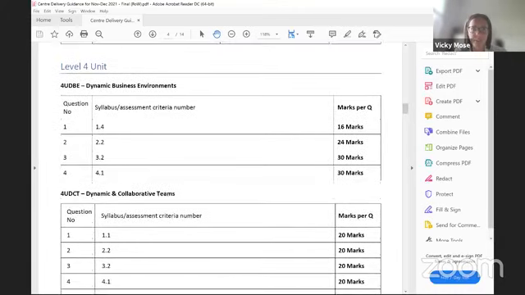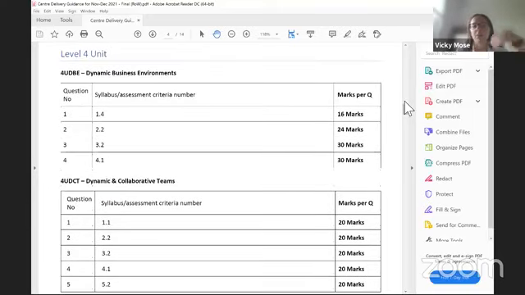If we just take a little look then at a level 4 unit to see how that differs. So for UDBE, dynamic and business environments, you'll see here that there's only 4 questions, and that question 1 links to learning outcome 1, but in particular 1.4 assessment criteria.